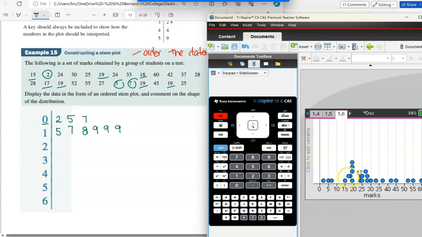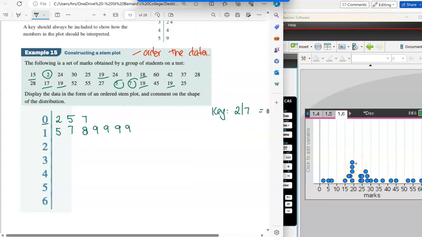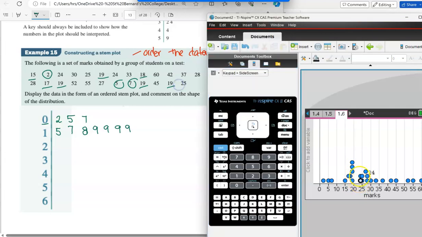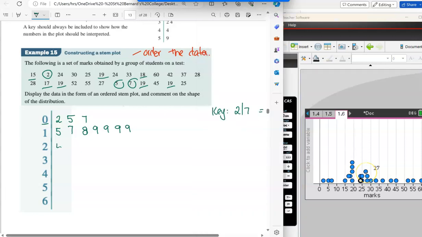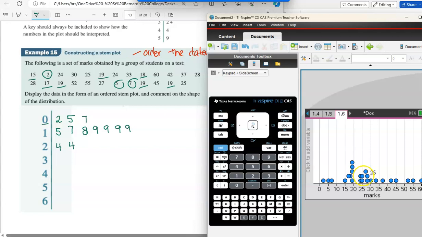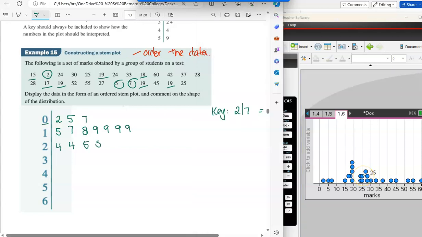So anyway, what have we got? 15, then we've got 17, and then 18, then 1, 2, 3, 4. So we actually have 4 19s. So I should do that. The next number we've got is 24 and a 24. So 4 and 4. Then I had 25 and 25. So there'd be a 5 and a 5.